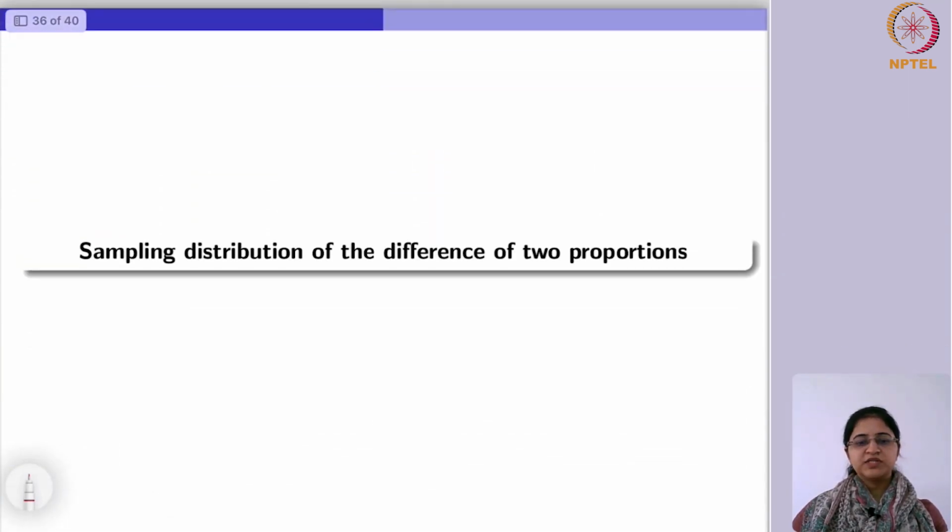Next, we come to the sampling distribution of the difference of two proportions. So last week we studied the single sample problem where we focused on a single proportion, right?